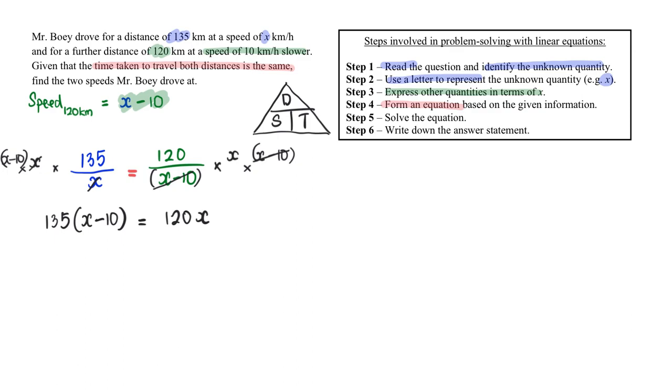So my job now is to continue to solve. Alright. So I will multiply to give me 135x minus 1350, and this will be equal to 120x. So at this stage, you will start to see me doing more.